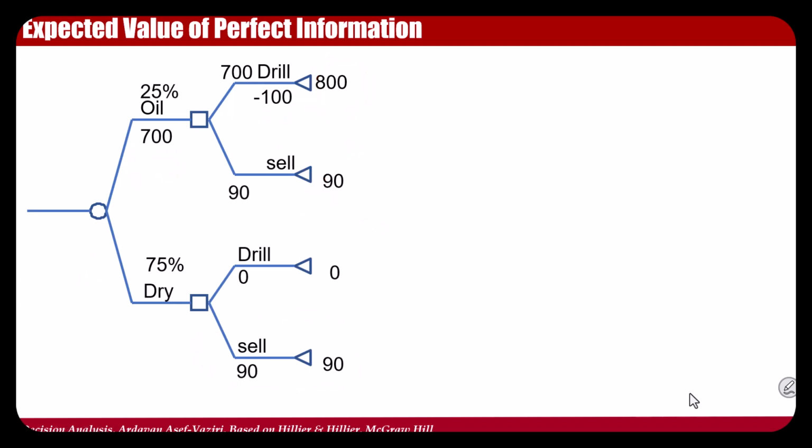Therefore, my decision tree indeed is changed to this decision tree. Note that my previous decision tree started with a decision, but here it starts with event because I know what will happen, and based on what will happen, I make the appropriate decision. So if I know that the land has oil, when I drill, it reaches oil and I will get $700,000. If I know the land is dry, then I sell it and I get $90,000.